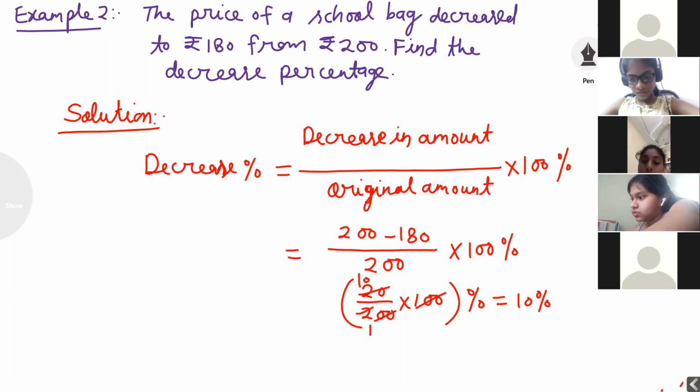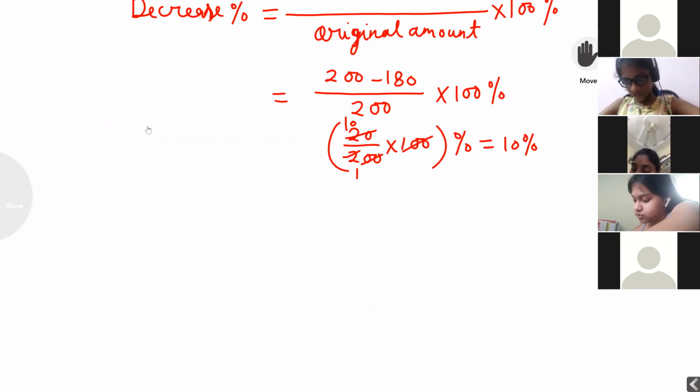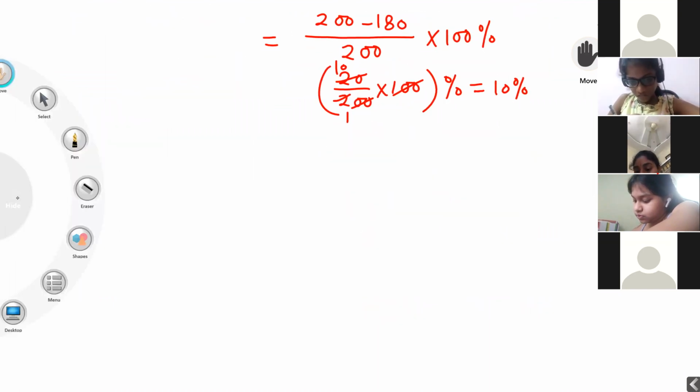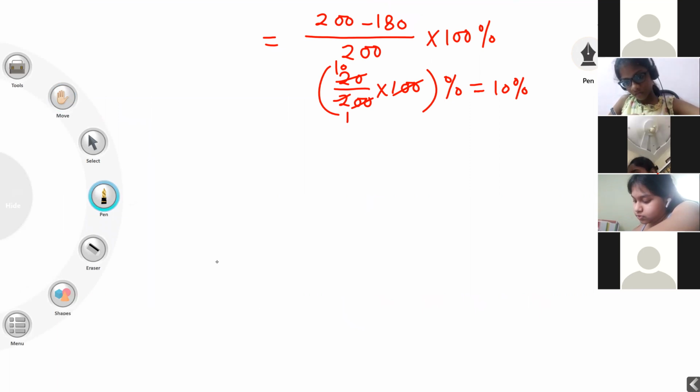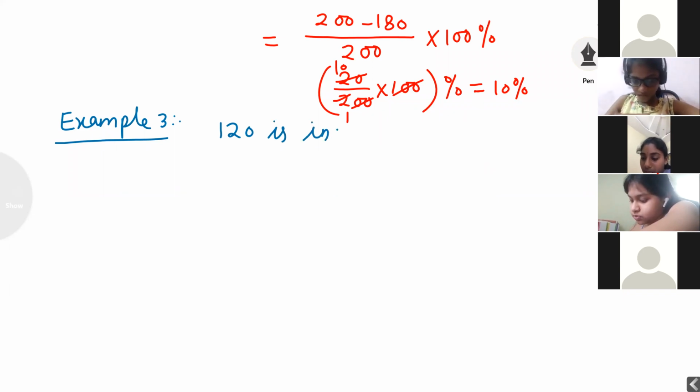Example 3, note down. 120 is increased by 50%.